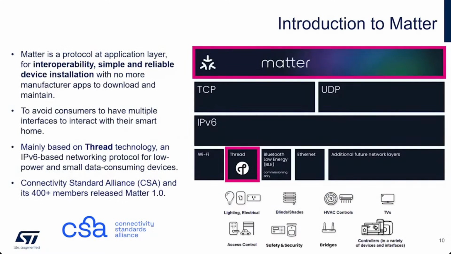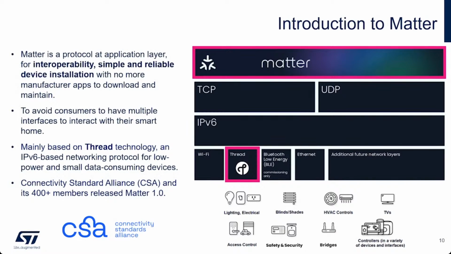Matter is a protocol application layer that provides simple and reliable device installation, ensures interoperability, and unifies the interface to interact with smart home devices. Matter is different than Thread in that it operates at the application layer, while Thread operates at the network layer. Matter is based mostly on Thread, however, it will run on Ethernet and Wi-Fi as well.